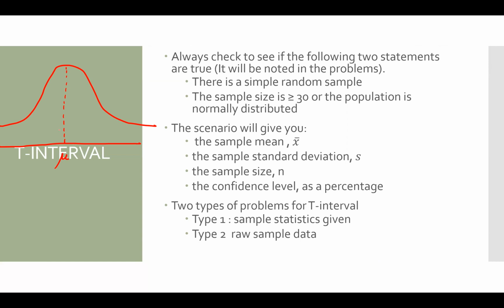It is still bell-shaped, continuous, and symmetric about the mean. It does not taper off as fast, which means we have more area in the tails than we do for Z. That's the primary difference. When we don't know the population standard deviation, we use the student's t-distribution, or a t-interval.